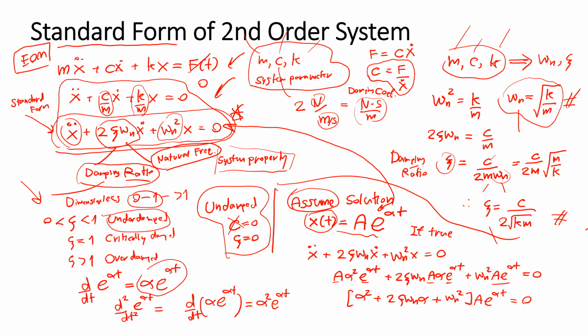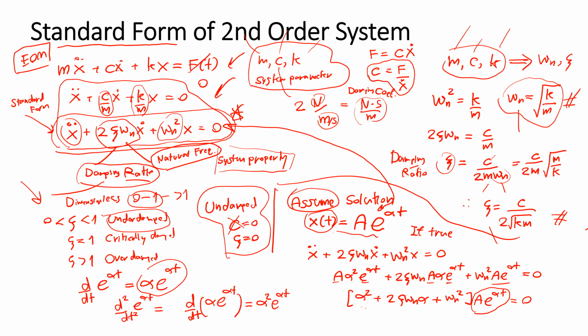It means that this term cannot be 0. A is a constant. E to the power alpha t is impossible to be 0, except maybe when time is very big or very small, but it just gets close to 0, it's not going to be 0.